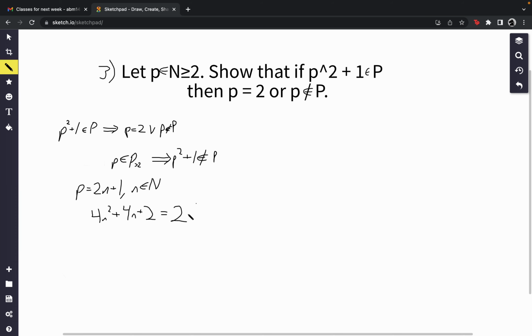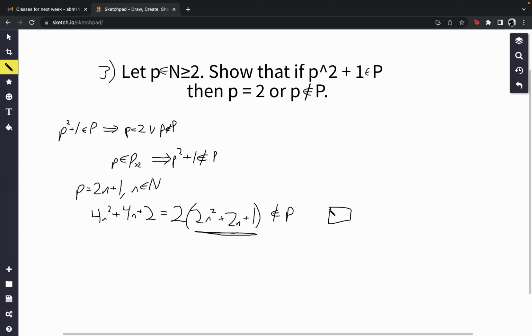So let's say it's equal to 2 times 2n squared plus 2n plus 1. And there's a reason I'm doing that. There's a reason I'm factoring out this 2. And we want to say that this is not prime. The fact that we're able to divide out a 2 and we still have this natural number in here means that it's not prime, and that is the proof.